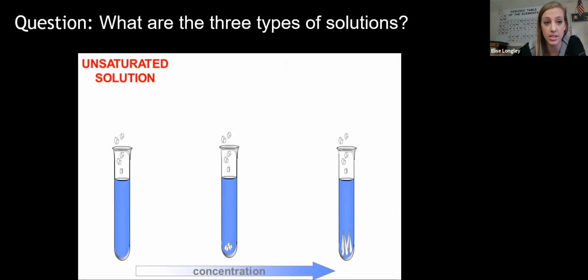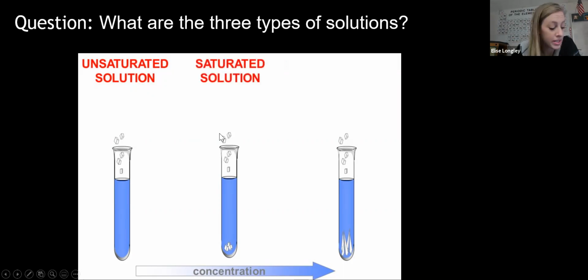It's what's doing the dissolving. So the solvent is going to be the liquid. The solute is the not-liquid that you are dissolving into there. So there is still room for things to dissolve, or it has not reached the maximum amount of solute in its solution yet.